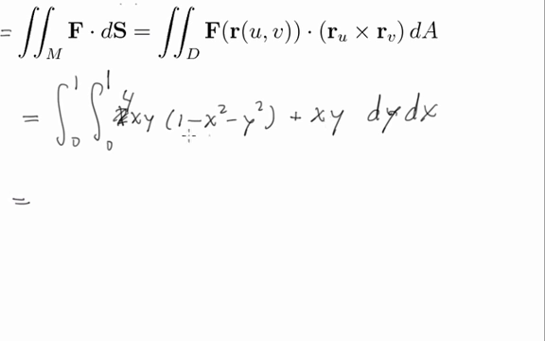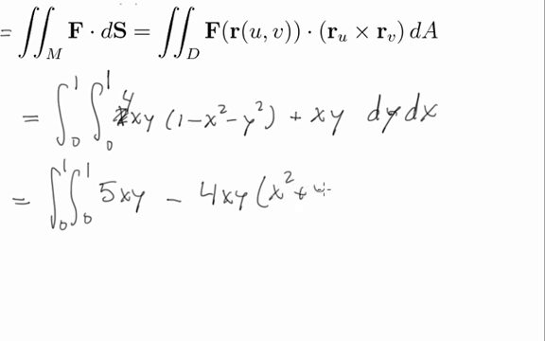So I have 4xy times 1 right here, and plus xy is going to give me a 5xy. So this term times this plus this is a 5xy, and then I get minus 4xy times x squared plus y squared. So I multiplied this through times these last two terms and factored out the negative 1.